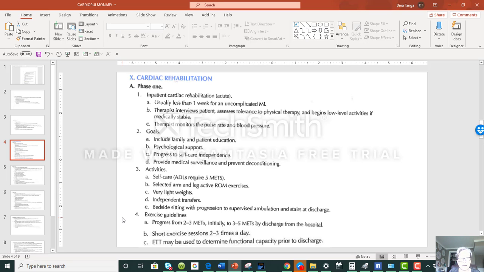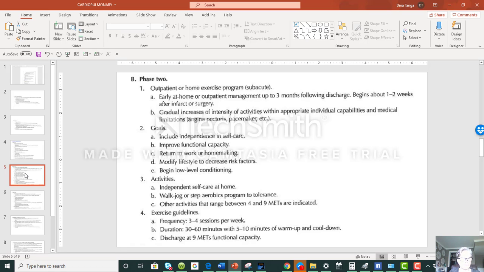Exercise guidelines progress from 2 to 3 METs initially to 3 to 5 METs at discharge from the hospital. Short exercise sessions 2 to 3 times a day. An exercise tolerance test may be used to determine functional capacity prior to discharge.